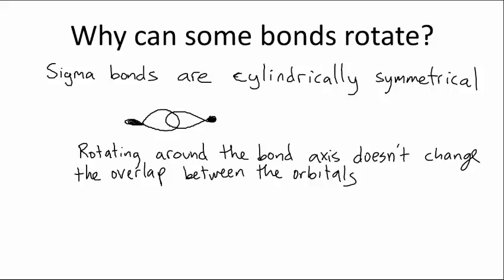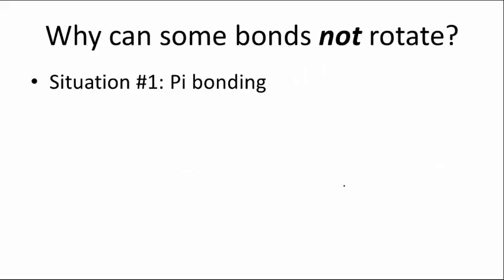So then what would cause me to not be able to rotate around a bond? Well, a double bond. Double bond has a pi bond. All right. And a pi bond is not cylindrically symmetric. Remember, pi bond is overlap of parallel p orbitals.